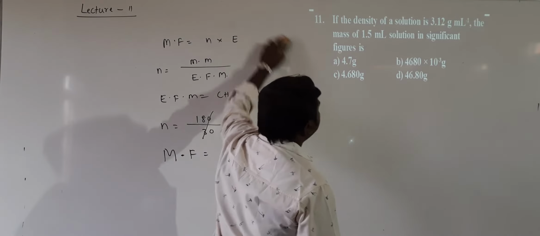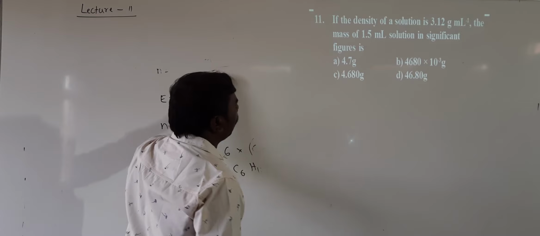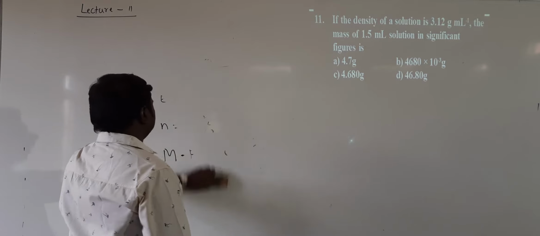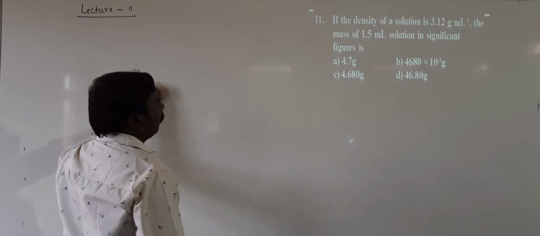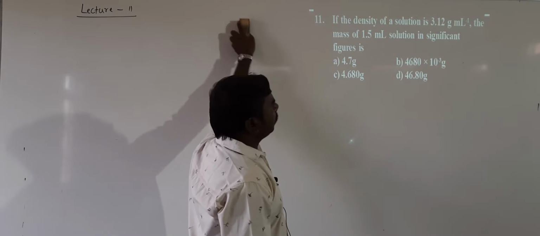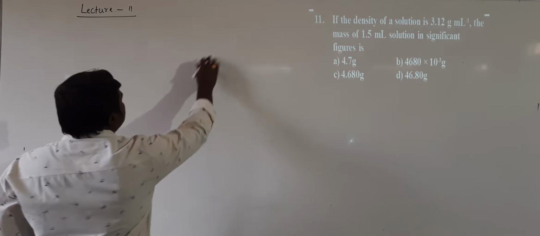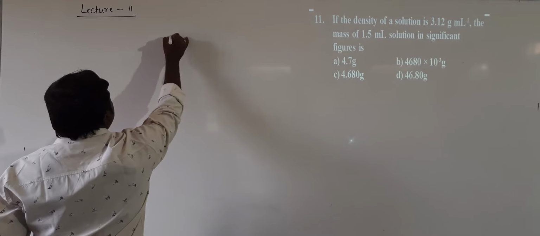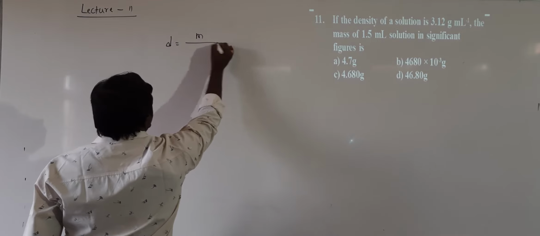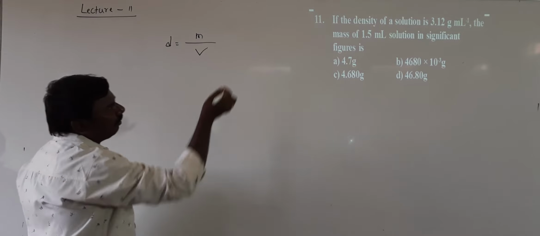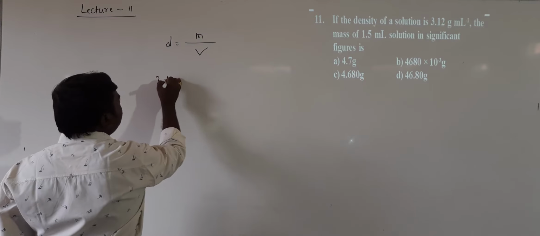If the density of a solution is 3.12 gram per milliliter, what is the mass of 1.5 ml of solution? You know the formula: density equals mass by volume, where density given is 3.12.